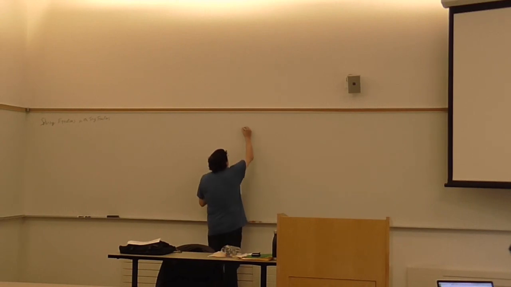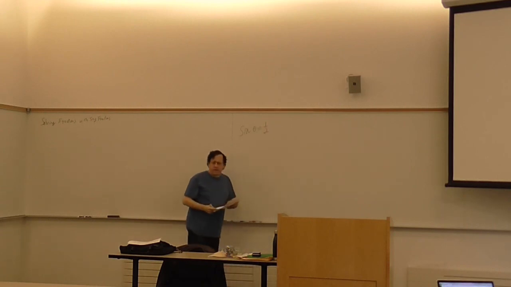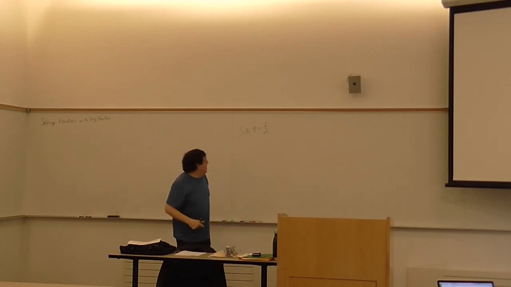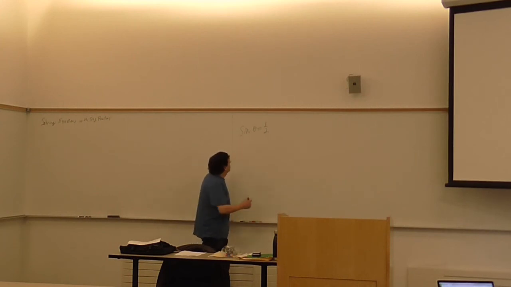We're just going to look at sine of theta equals a half. We've done something like this before. Well, here we want to get theta by itself, but that's not a problem because we can just use the inverse function. We can take the inverse sine of both sides.